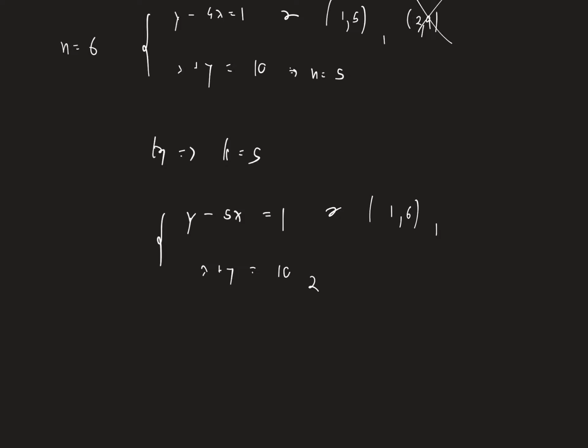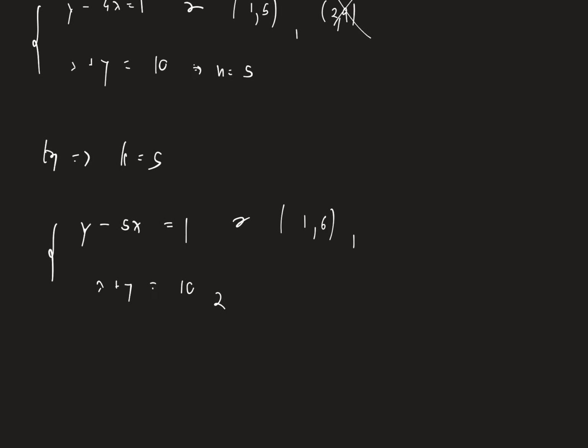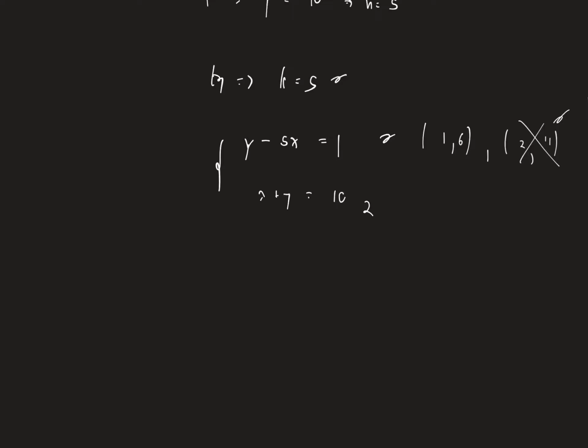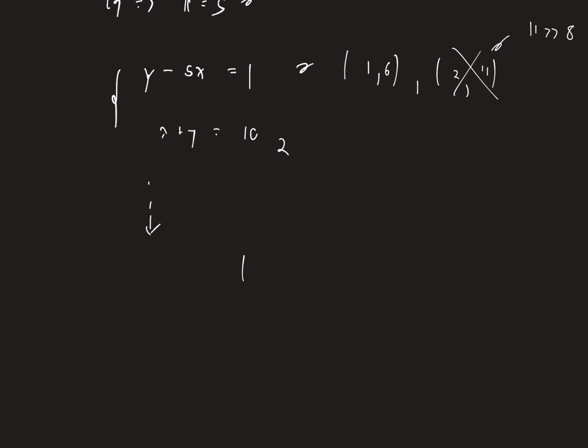And the pattern I want you to know next is, well, if k increases and we increase x by 1, for example, if x equals 2, the y will greatly increase to 11. So this is not possible again because 11 is much greater than 8. So please note that this pattern will continue until we reach the maximum, which is 1 and 8.